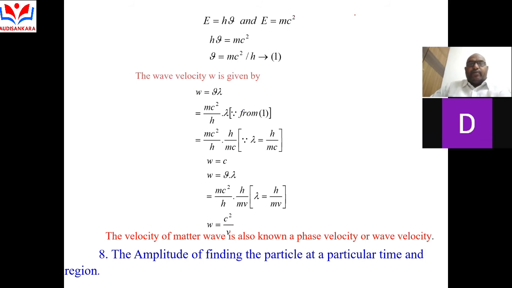The wave velocity omega is given by omega is equal to frequency into wavelength. Then the frequency is mc square by h, into lambda.